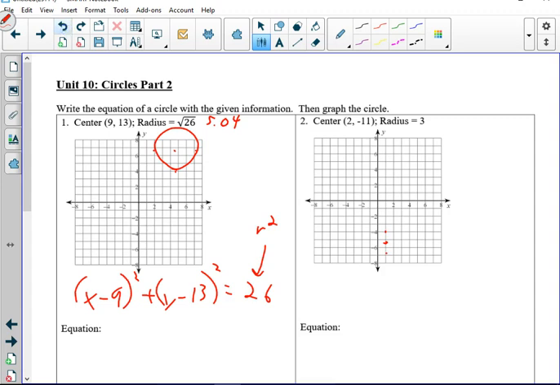You can see a little circle right down there. And it's going to be x minus 2 squared plus y, careful, minus negative 11, which is plus 11 squared, equals 9. The square root of 9 is 3.